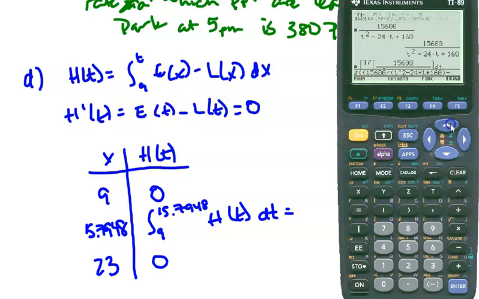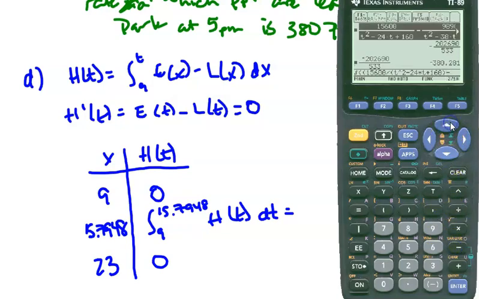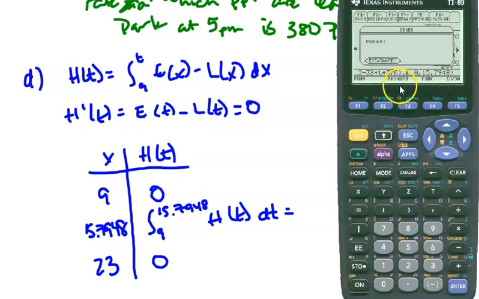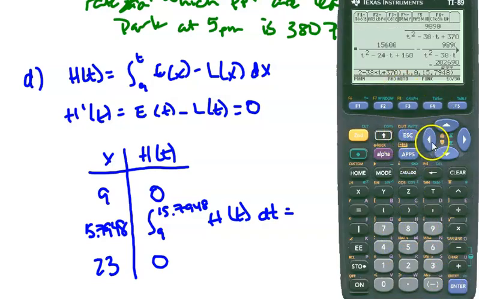And then subtract out the rate at which people are leaving, which is the one with the 9890, there we go, comma, t, comma, 0, comma, 15.7948. Close parentheses, and let's find out, oops, missing a parenthesis. I believe that was right here after my expression that I was integrating.